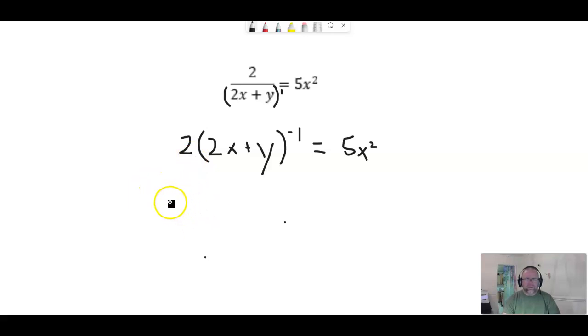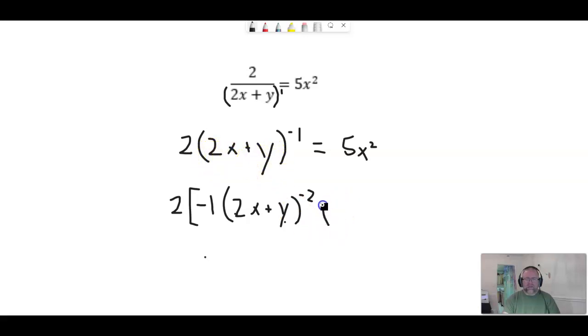So I'm going to do 2, and the outside derivative of this, we pull the -1 out front, and then we get 2x plus y raised to the -2.